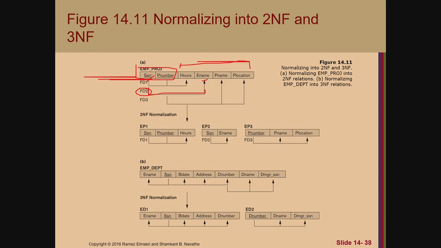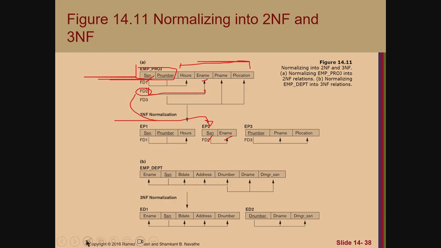This one does not satisfy the second normal form. So we have to separate this functional dependency into a new relation here: SSN and ename. We separate it to a new relation.